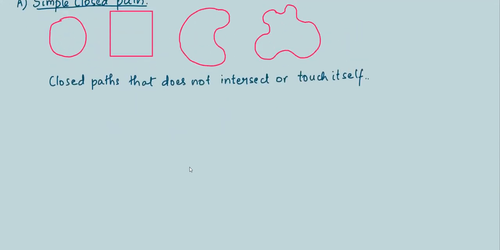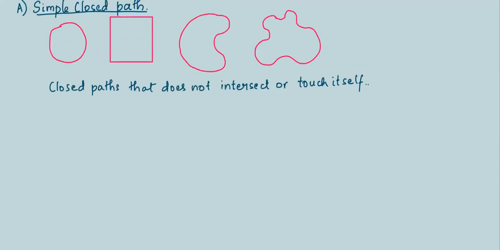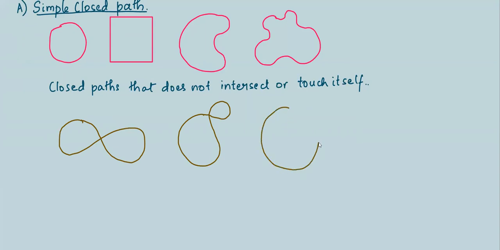Closed paths that are not simple, we can take other examples. So this is also a closed path. This is a closed path. This is a closed path intersecting each other.